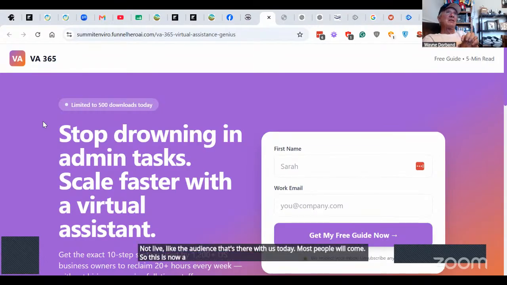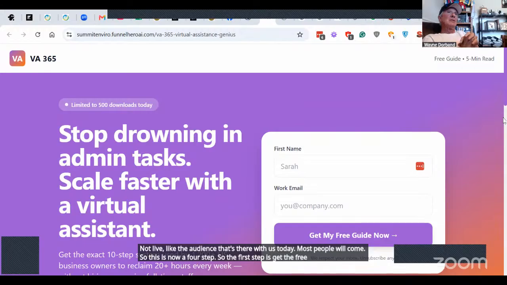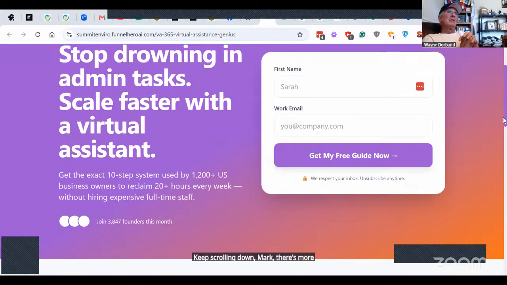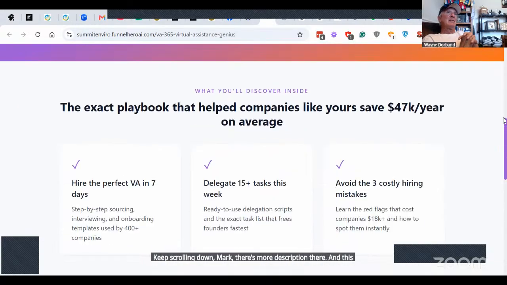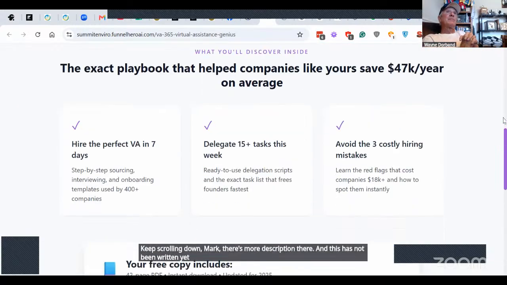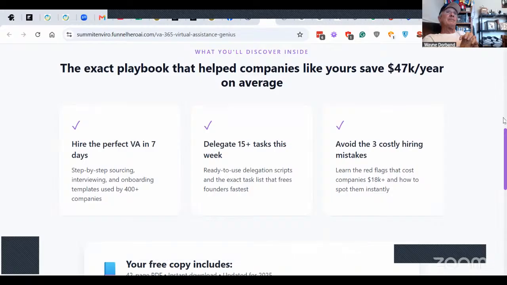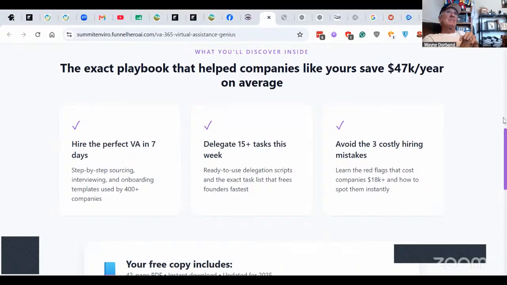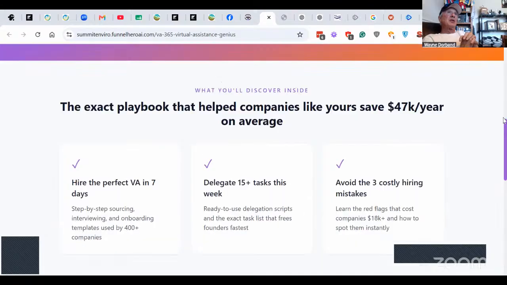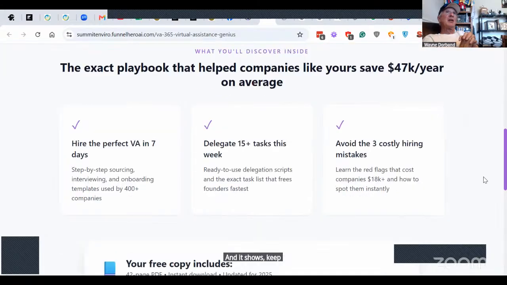So this is now a 4-step funnel. The first step is get the free guide. Keep scrolling down, Mark. There's more description there, and this has not been written yet. It shows, keep going down, it just tells you kind of what's in it.